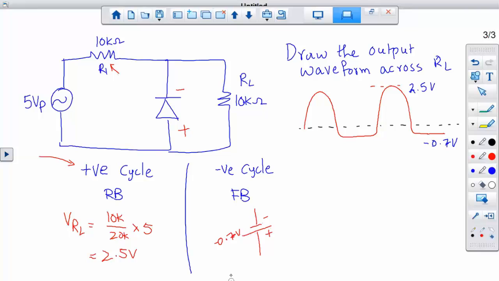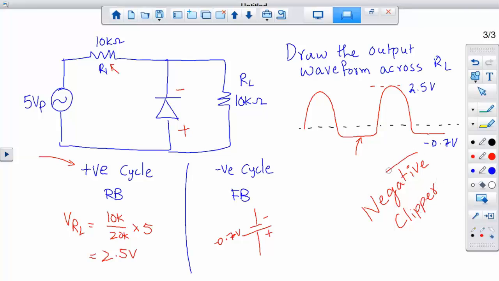So that's what you will see here as well, a straight line for the entire duration of that negative cycle. You will be at negative 0.7. So that would be treated as a negative clipper. This is usually what is referred to as a negative clipper.